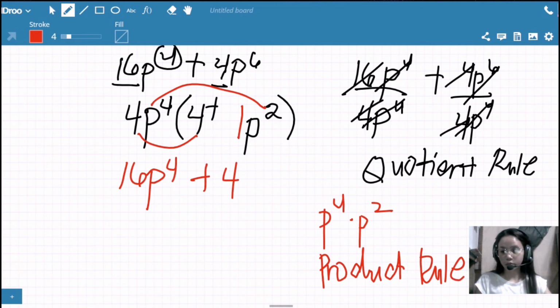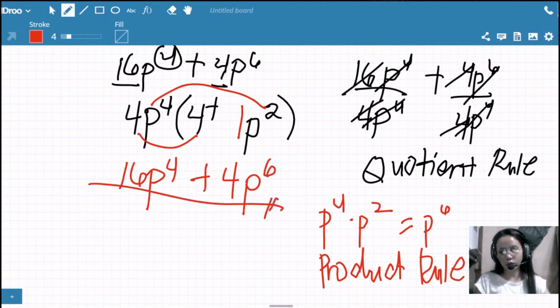When we are multiplying expressions with the same base, we simply add the exponents. So 4 plus 2 is 6, and then copy the common base, which is p. So therefore, p raised to 4 times p raised to 2 is p raised to 6. And still, the product is equal to our given expression. So therefore, our factored form is correct.